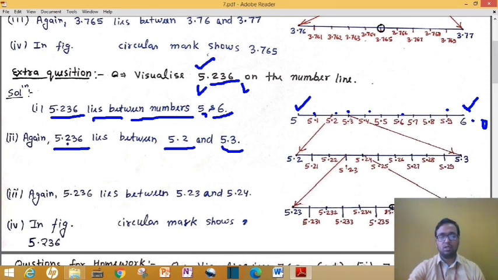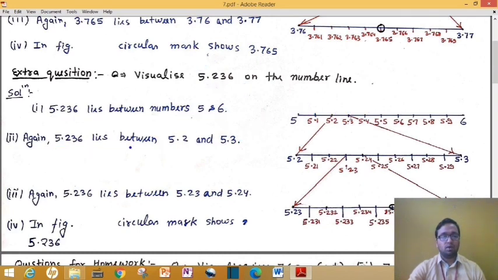Think like we have 236 rupees, and 236 rupees are between 200 and 300. Okay, so 236 lies between 200 and 300. So we can say 5.236 will lie between 5.2 and 5.3.